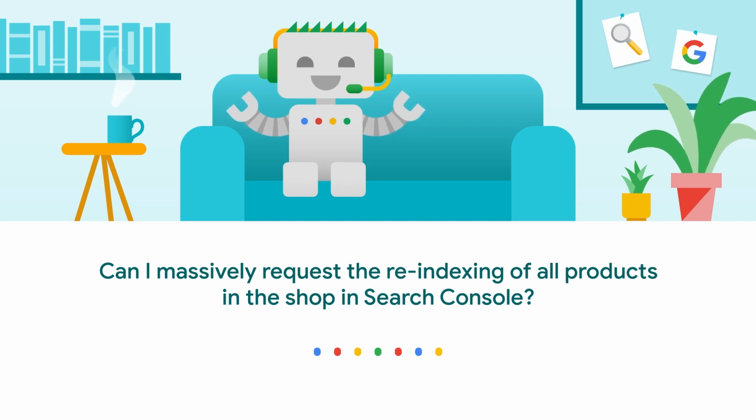If there are individual pages that you'd like to have updated faster, you can do this with the URL inspection tool in Search Console, where you can request reindexing. If there are pages you urgently need to have removed, you can also do that in Search Console. In practice, all of this should work automatically if you're using a good e-commerce setup.